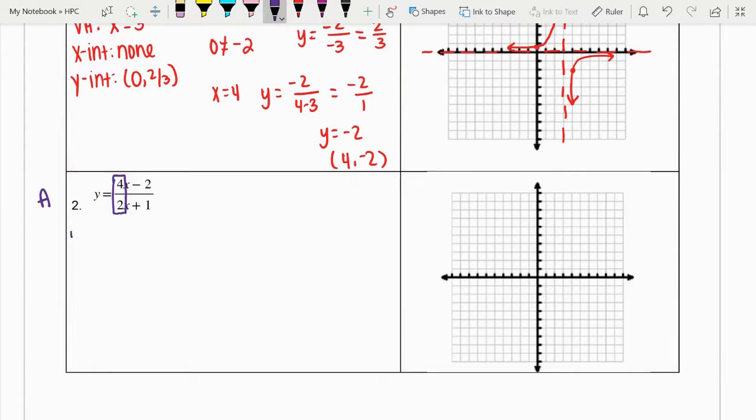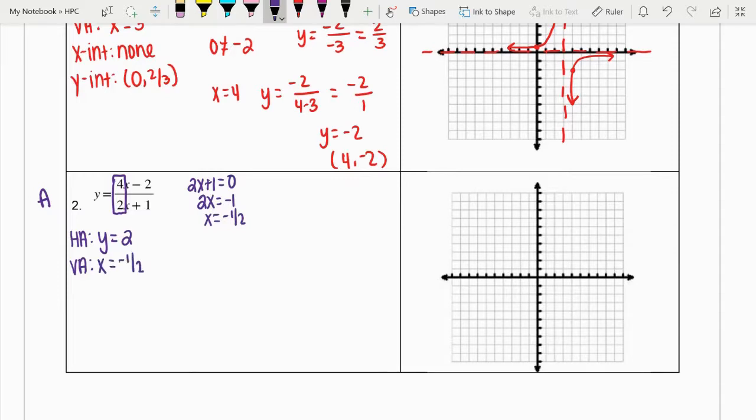So I know that my horizontal asymptote is going to be y is equal to 4 over 2, which just simplifies to 2. And then to find my vertical asymptote, I set the denominator equal to 0 and solve for x. So x is going to be equal to negative 1/2.